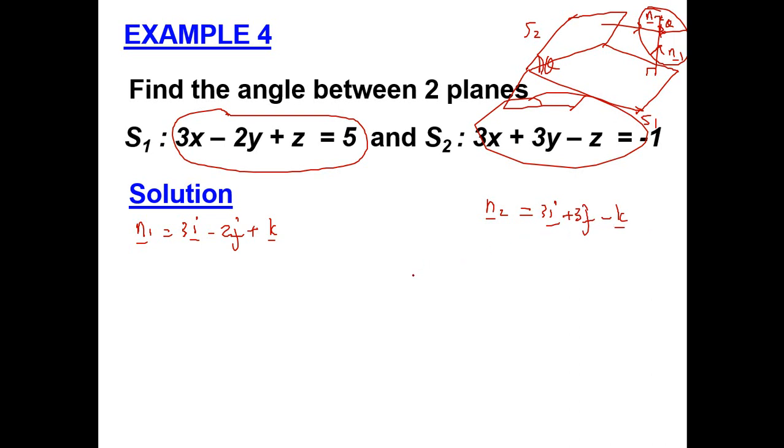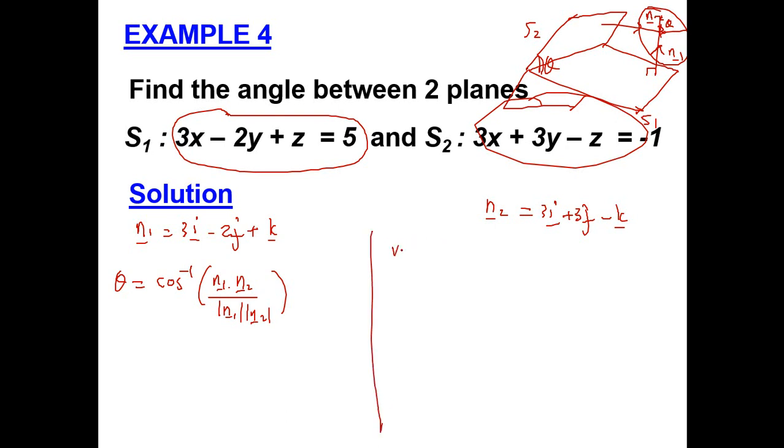So, substitute in the formula: theta equals arccos of N1 dot N2 over modulus N1 modulus N2. Here you need to find N1 dot N2, modulus N1 and modulus N2.